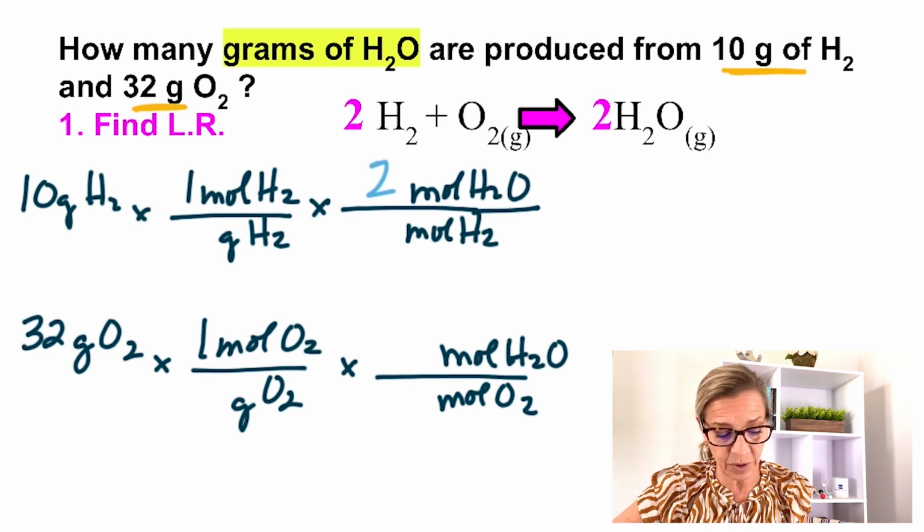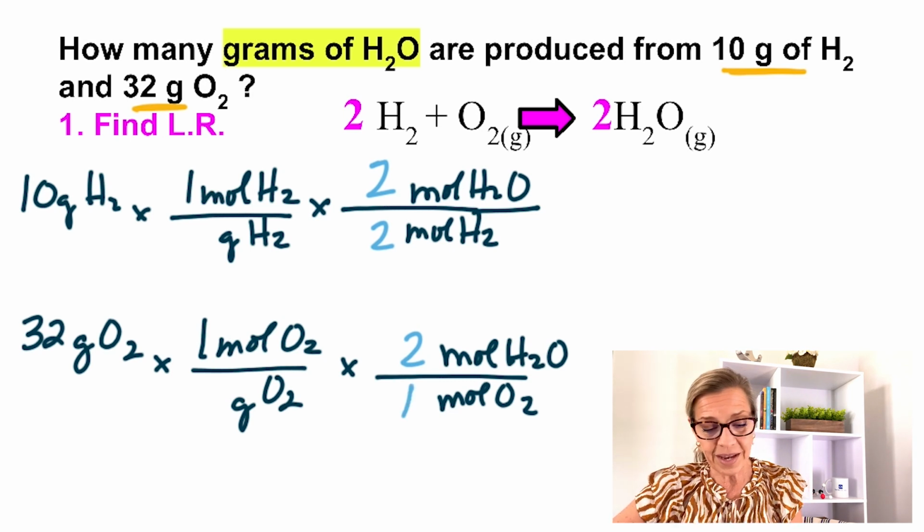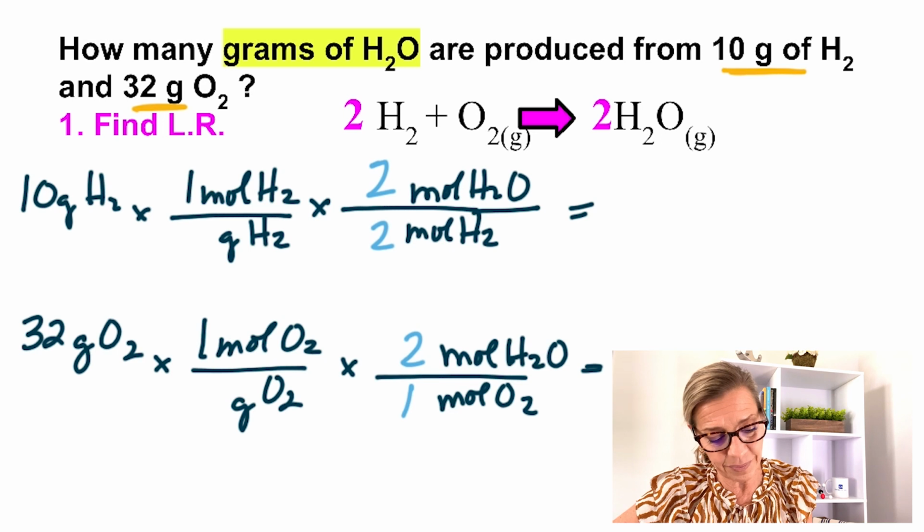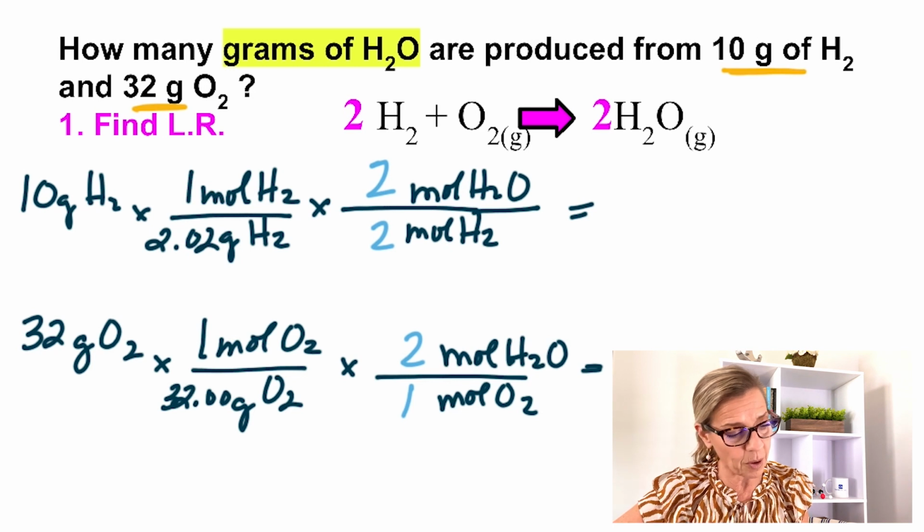So there's a 2 in front of the water and a 2 in front of the hydrogen, and then there is an understood 1 in front of the oxygen. Now I've got to put in my molar masses. So this is 2.02, and this is 32 grams per mole.